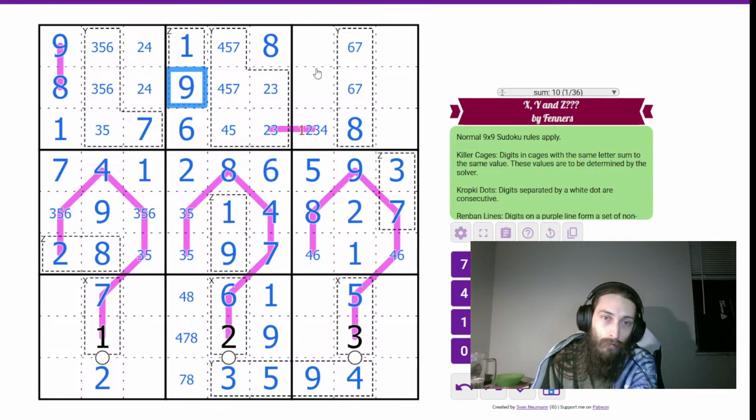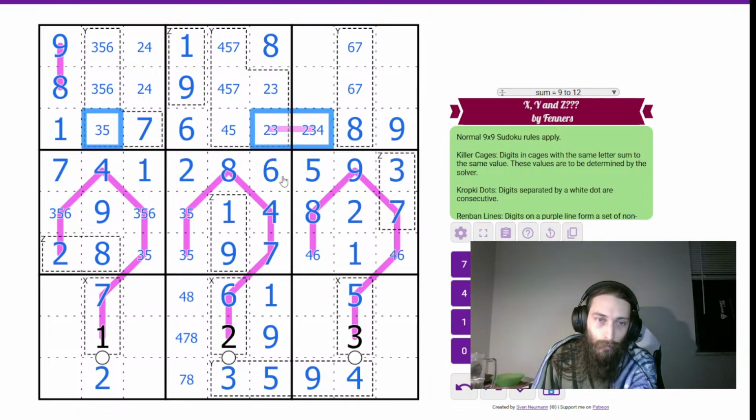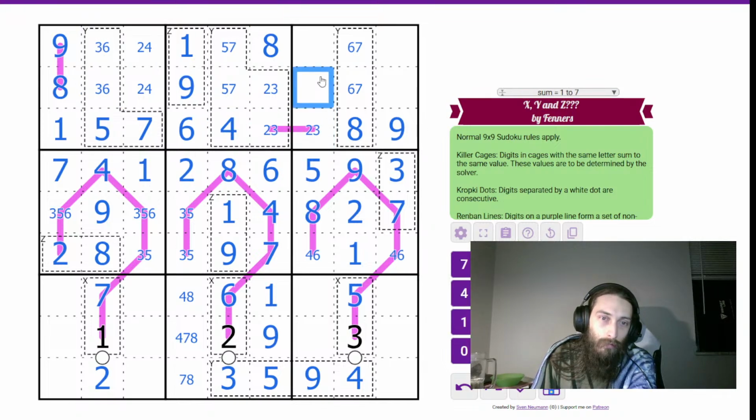That's got to be 8 and 9. 2, 3, 4, 5, and 9. Well, this is odd, and one of those is odd. Oh, well, 2 has to be one of those two, so you can't reach 4. So 2 and 3 makes 5 and 4. Column 1 needs 3, 4, 5, 6, and the bottom one sees 3, 5, and 4, so it's a 6.